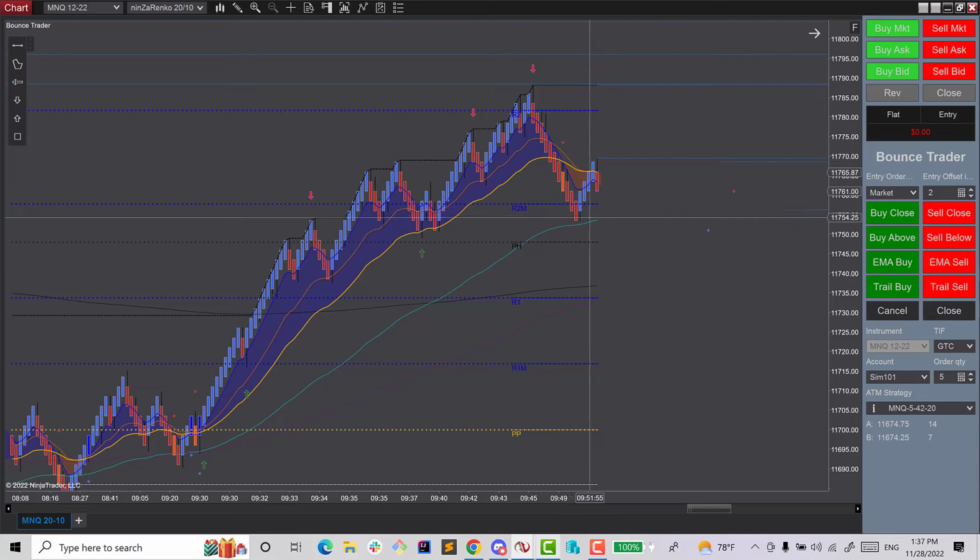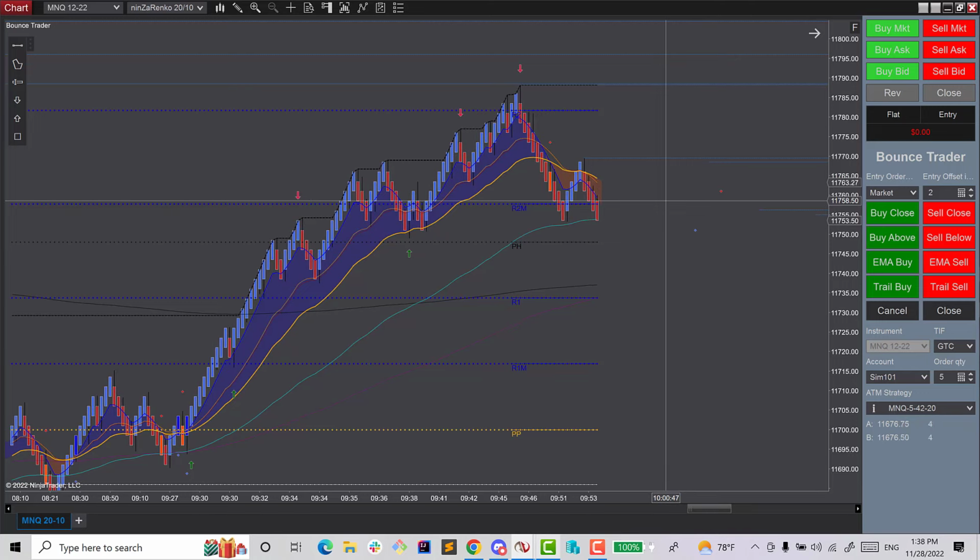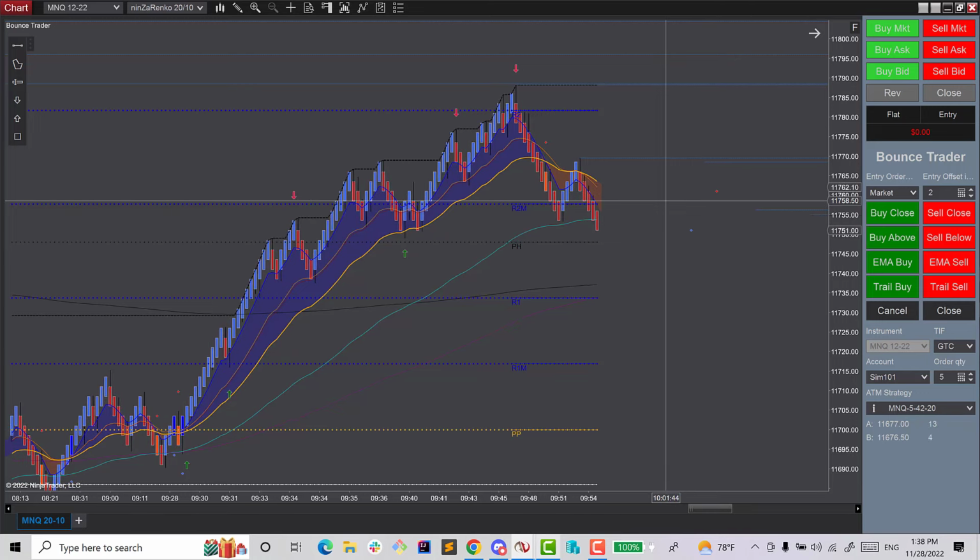It seems like it's going to retest these lows. It seems like this was an impulsive leg down. So I hit my sell close, and I wasn't trading here, but if I was, that's how it would work out.